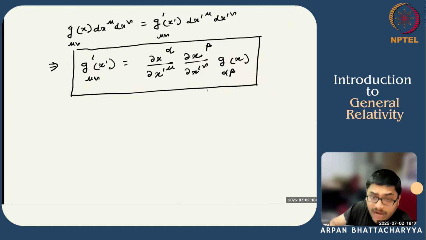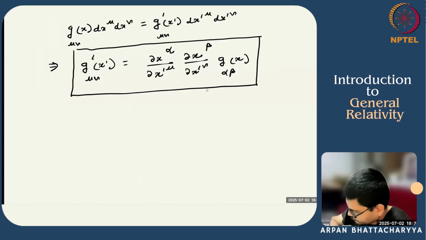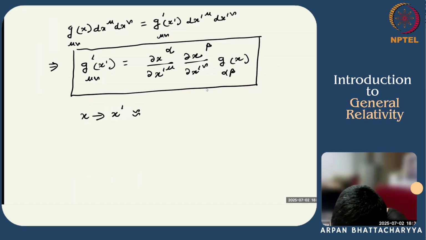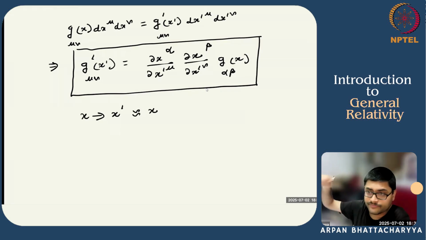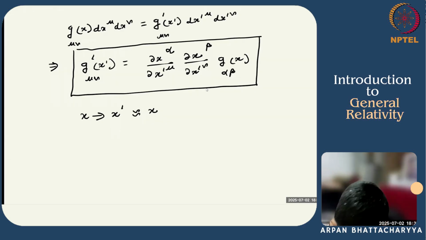So let's start from this equation and put the linear transformation on both sides. Linear transformation means x goes to some x prime, not writing the coordinate labeling mu explicitly, writing symbolically, x plus some lambda of x.